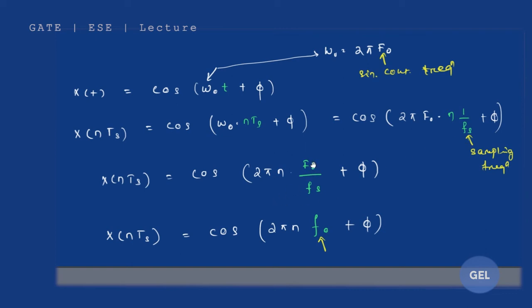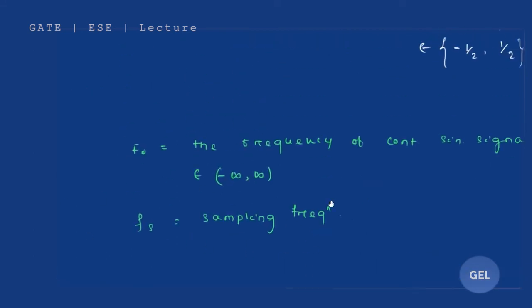This Fs is your sampling frequency, and if you divide capital F naught by Fs, instead of writing F naught by Fs I can write down small f naught. Now this is nothing but your discrete time signal का frequency. Now I have just written it down here.